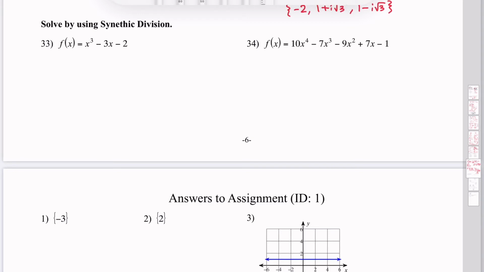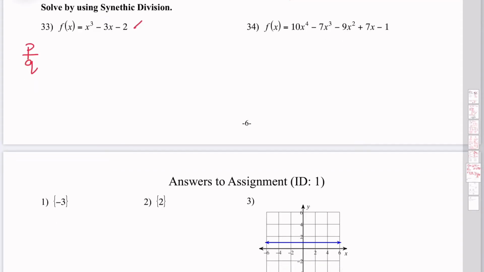To find all the possible rational factors, you want to find p over q. The p value is always your constant. In this case, it's negative 2, and your q value is the leading coefficient of the function, which is 1. We want to write all the factors of p.